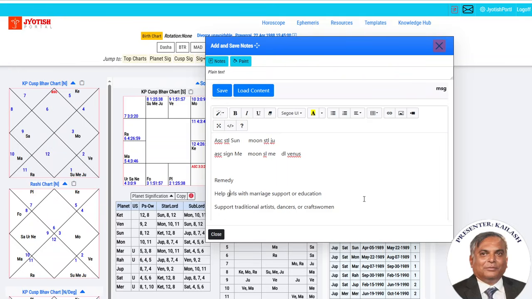The real magic will only happen when the Venus related remedy is done on a one-on-one basis. It means this person has to find some girl, create a rapport of extending a helping hand, then get in communication with the family and regularly take updates.